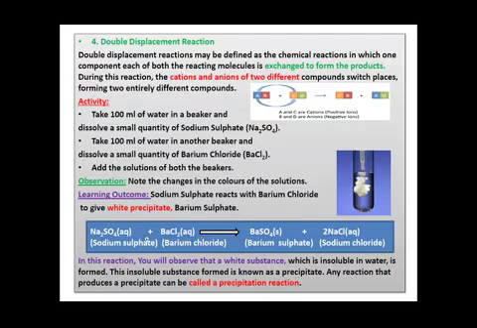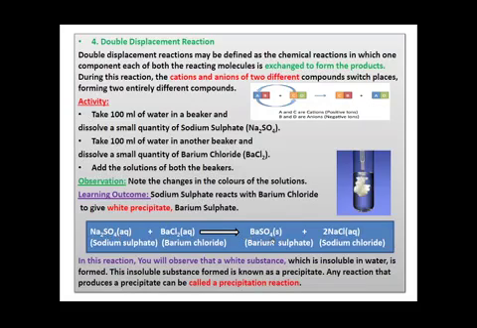Here you can see that sodium from the sodium sulfate displaces barium present in barium chloride and forms sodium chloride, and in the same way barium displaces sodium from sodium sulfate and forms barium sulfate.